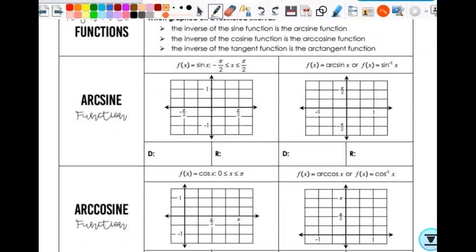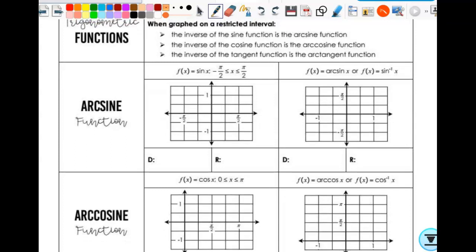And remember that we can talk about sine as sine inverse, but we can also say that the inverse of the sine function is the arcsine. Arcsine means the exact same thing as sine inverse. It is abbreviated as arcsin, or again, we could say sine inverse. Those are the exact same things, okay? The inverse of the cosine is the arc cosine, so abbreviated, it is arccos, or inverse cosine.